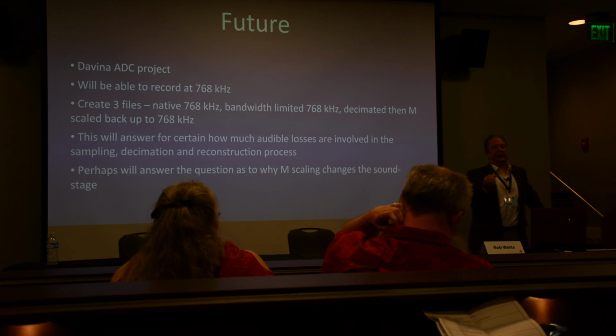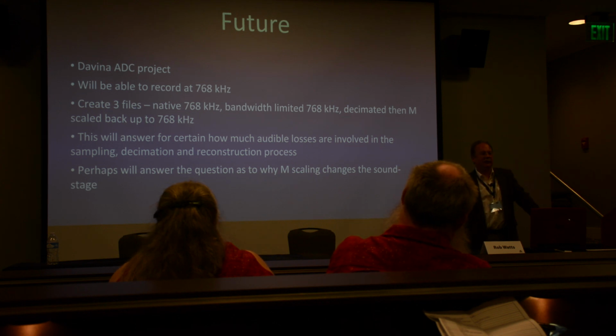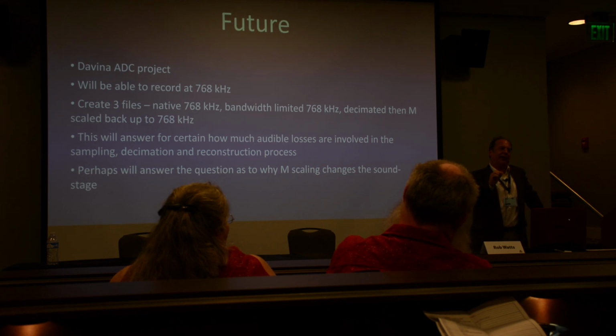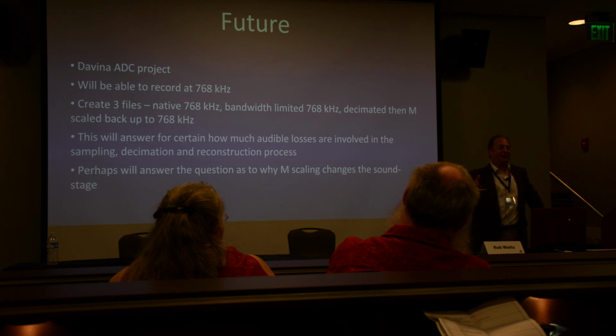The normal answer of the aliasing is, well, the aliasing is occurring at 200 kilohertz. Who cares? No one can hear at 200 kilohertz. The problem with aliasing is that it changes your timing of transients, and that you can hear. And I know this is a fact because I've done different aliasing filters, and you can hear huge changes when you get the aliasing right or wrong. So that's point number 1.